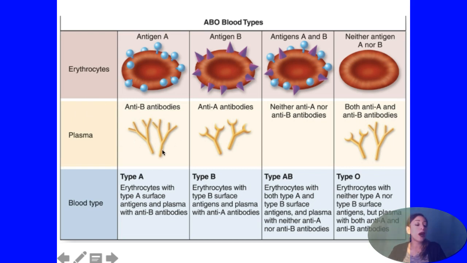That means that it does not want anything to do with type B blood. So let's say, for example, a nurse made a mistake. Let's say you were supposed to get a blood transfusion. You should only get blood type A or blood type O, because if they give you blood type B into your bloodstream, well, you already have these antibodies, right? Your antibodies that are naturally made in your bloodstream are going to sit here.